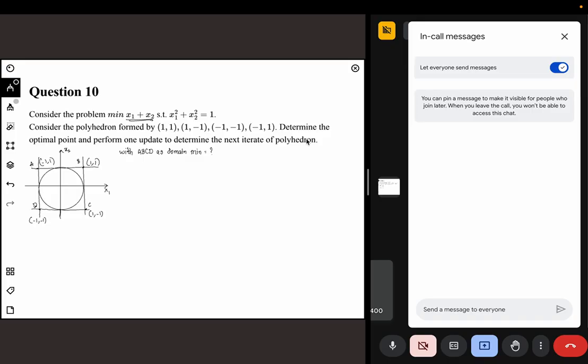So if you calculate x1 plus x2, where does it come out to be minimum? If here the point is 1, comma 1, the objective is x1 plus x2. So if you do the same thing for all of them, where is the minimum happening?